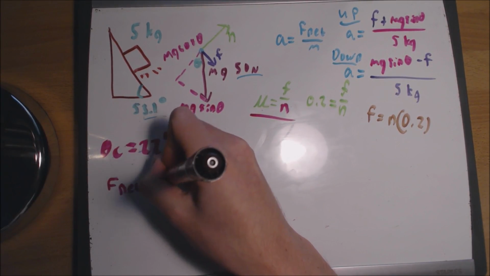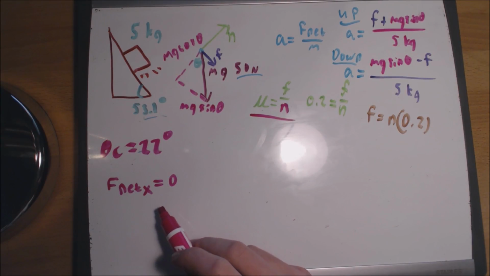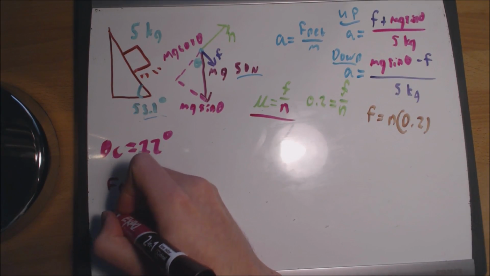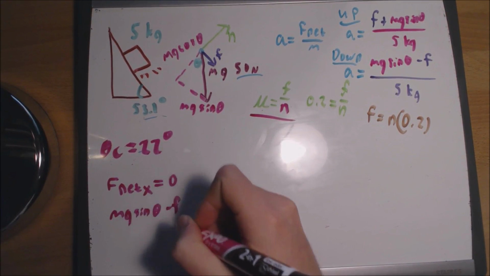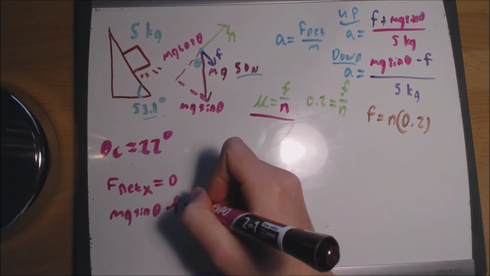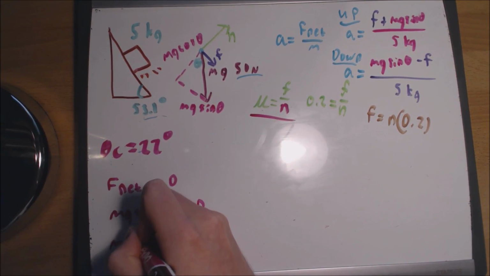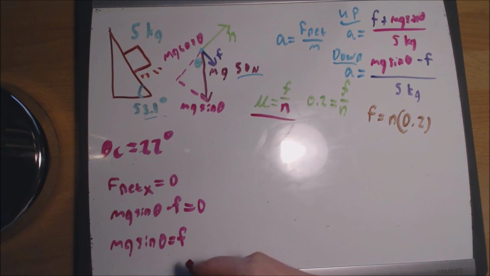is 0. And we know that the net force in the x direction is mg sine theta minus f. You can set that equal to 0, and we get mg sine theta equals f. So wow, that's cool.